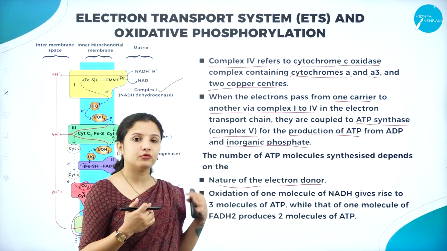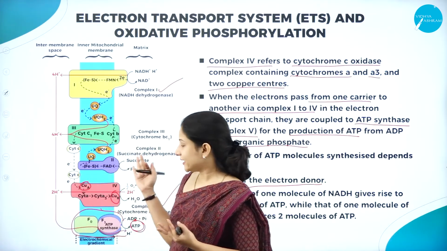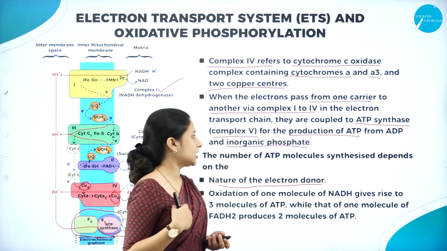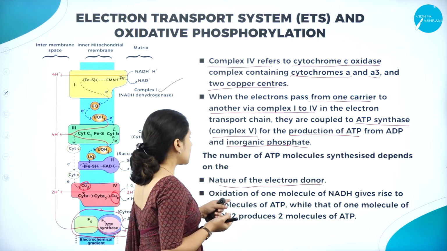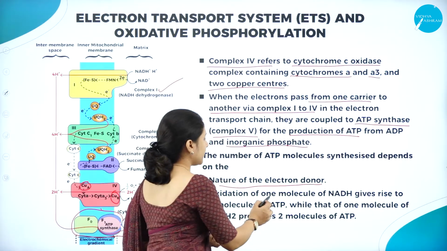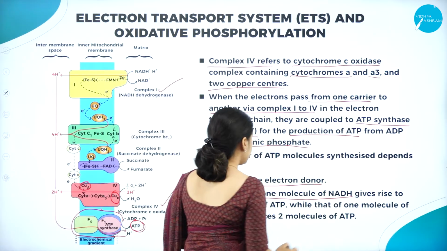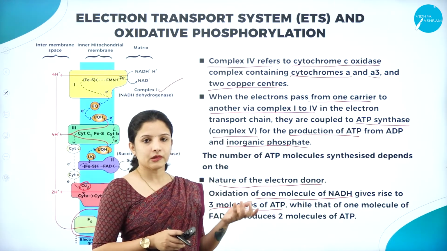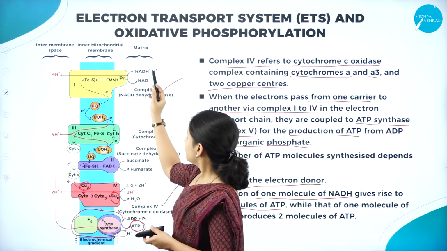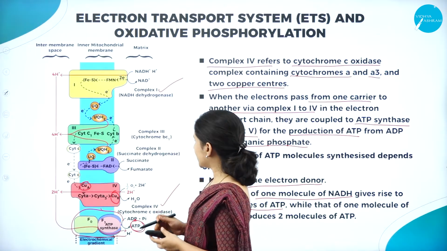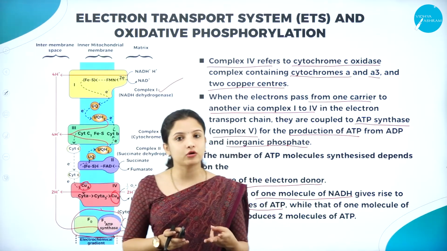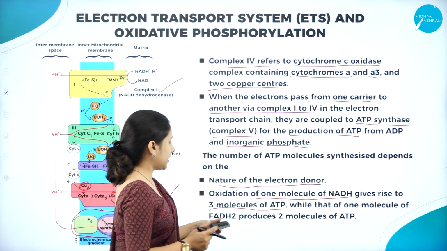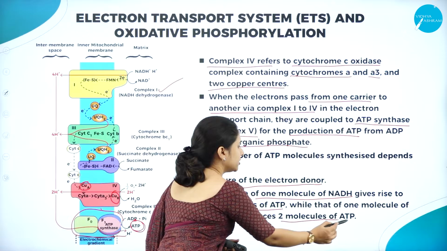Based on that, the number of ATPs synthesized at the terminal stage of the electron transport system will be decided. Oxidation of one molecule of NADH will give rise to 3 molecules of ATP. So remember, one molecule of NADH, when it gets oxidized, will give rise to 3 molecules of ATP, while one molecule of FADH2 will produce 2 molecules of ATP.